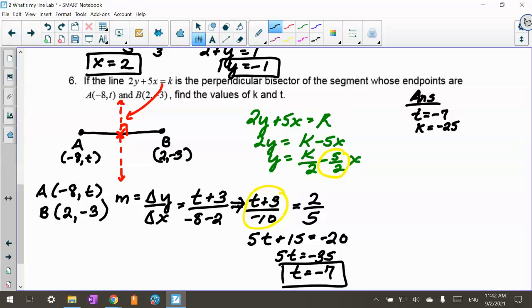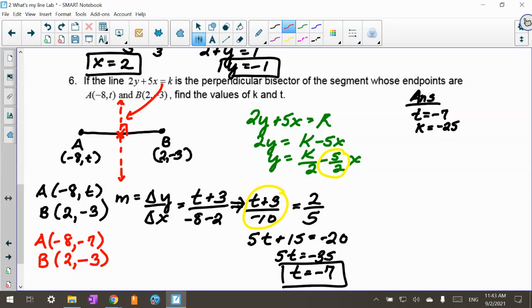So that's cool. Now I know this point, so I'm happy about that. So I'm thinking, if I know t is negative 7 now, my points A and B are really this. A is (-8, -7), and B didn't change. It's still (2, -3). Now I have to find k. Well, where's the k? Well, I'm thinking, wait a minute, I know this.